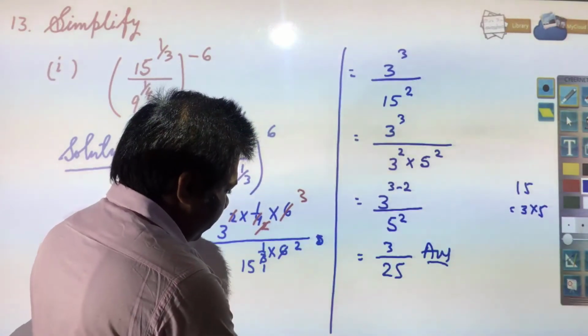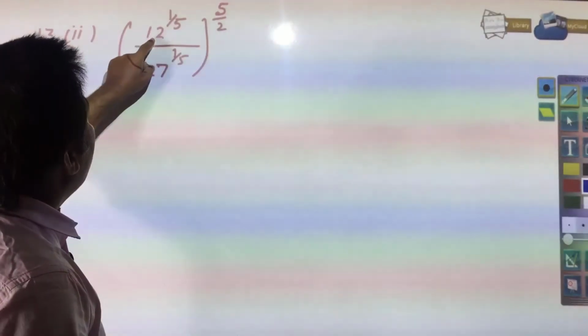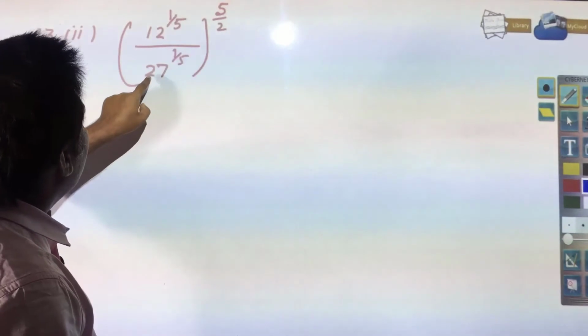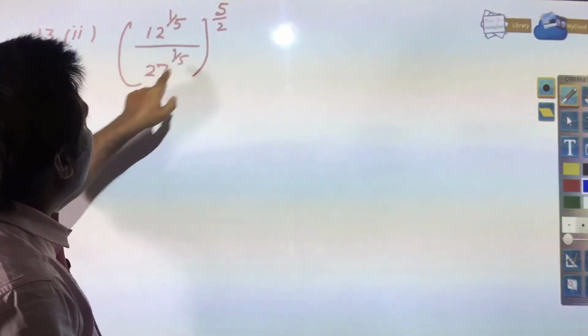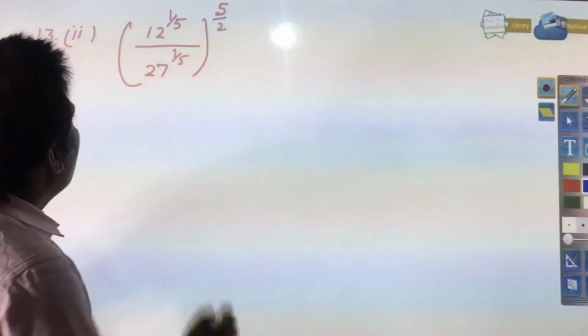Next you see, here you have 12 to the power 1 by 5 divided by 27 to the power 1 by 5 and whole to the power 5 by 2.